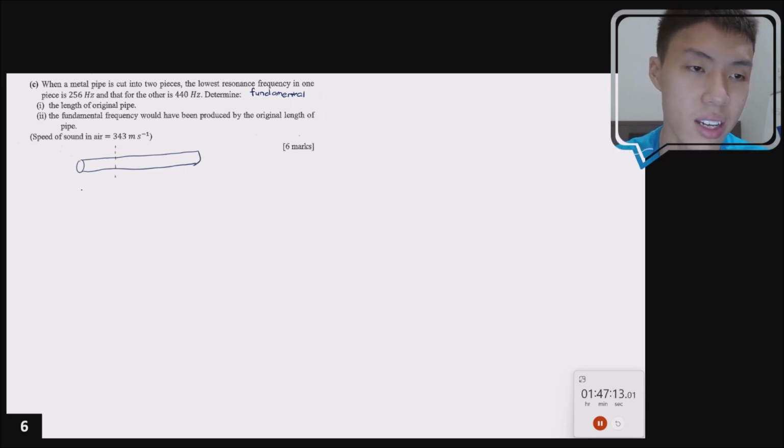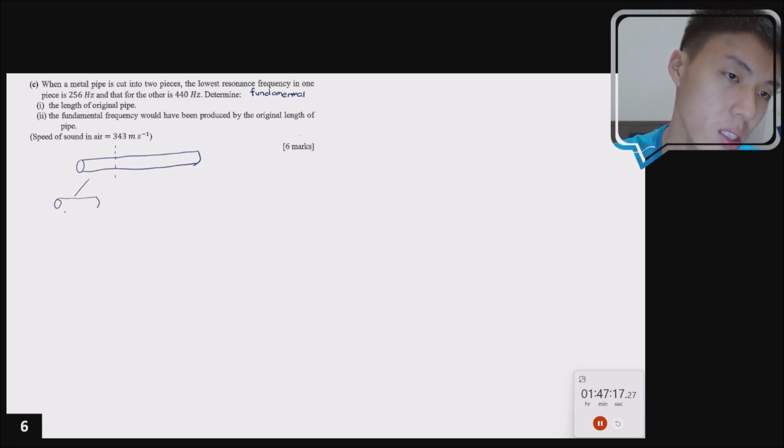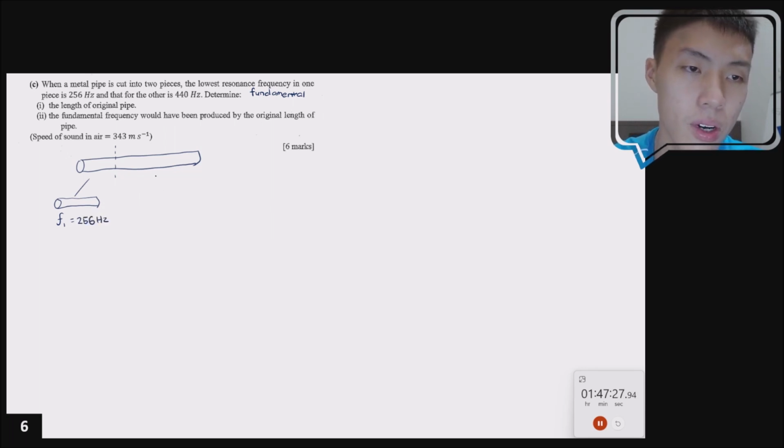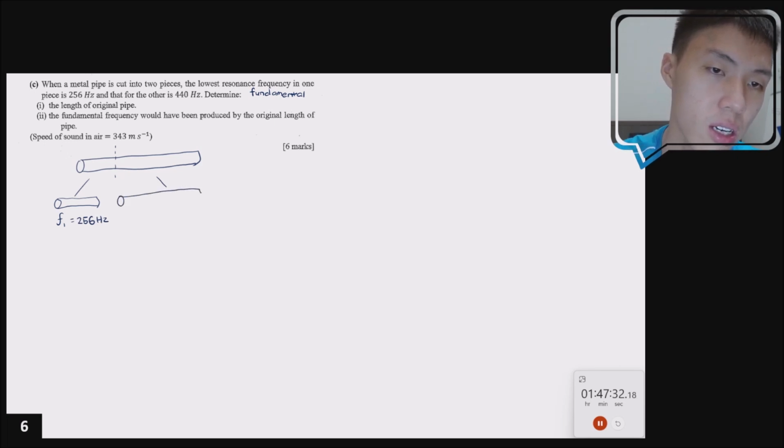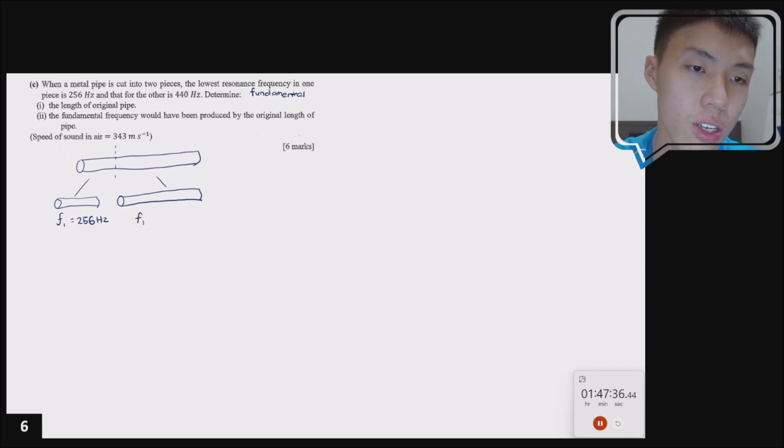Okay, after the cut, the fundamental frequency for this one piece here is 256 Hz, whereas the fundamental frequency for the other piece will be 440 Hz.